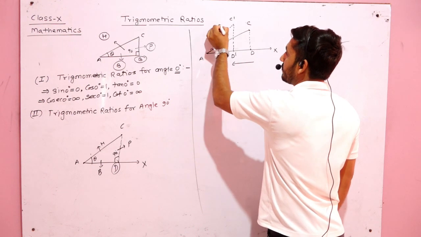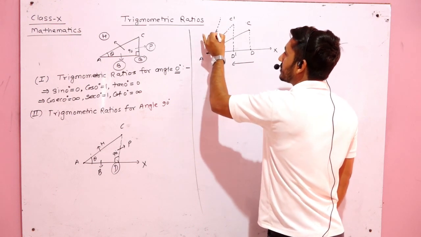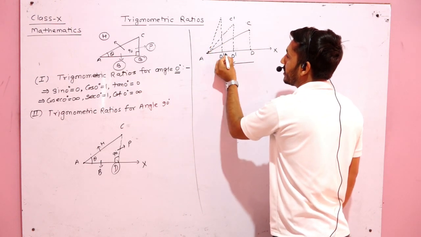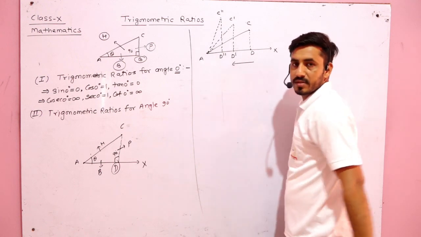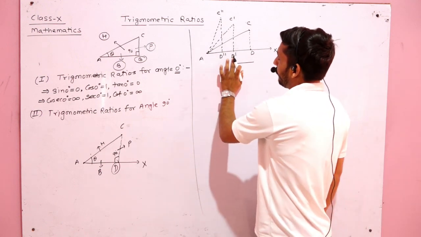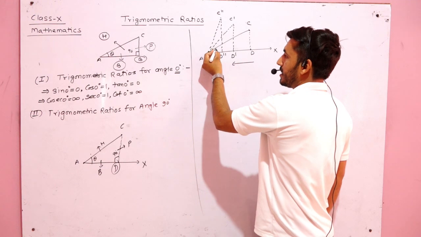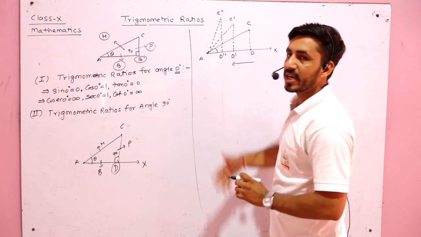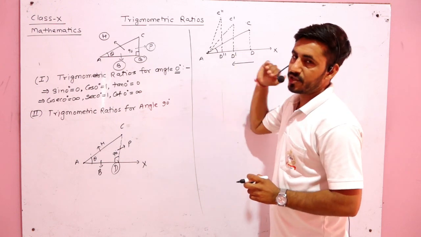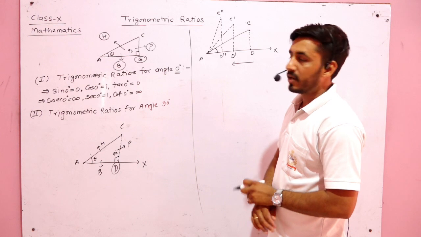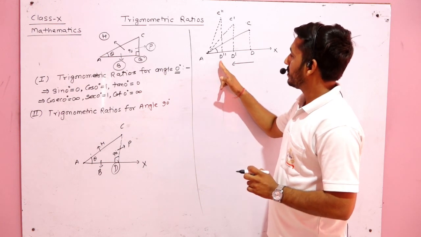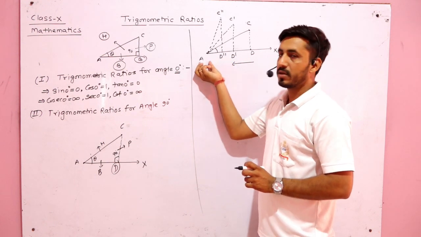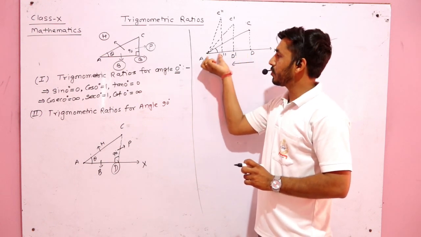In the next condition, if I am taking as this side, the next point will be D double dash and this one is C double dash. From here you can see, first if I take theta here, then I am increasing theta for different values. If I am increasing, then I can see clearly from here that this point D is coming towards this point.